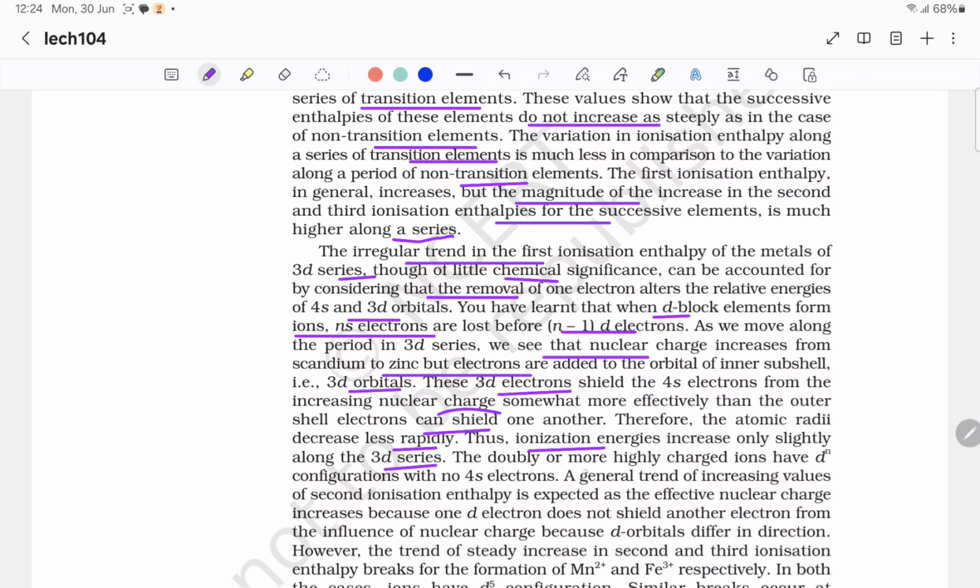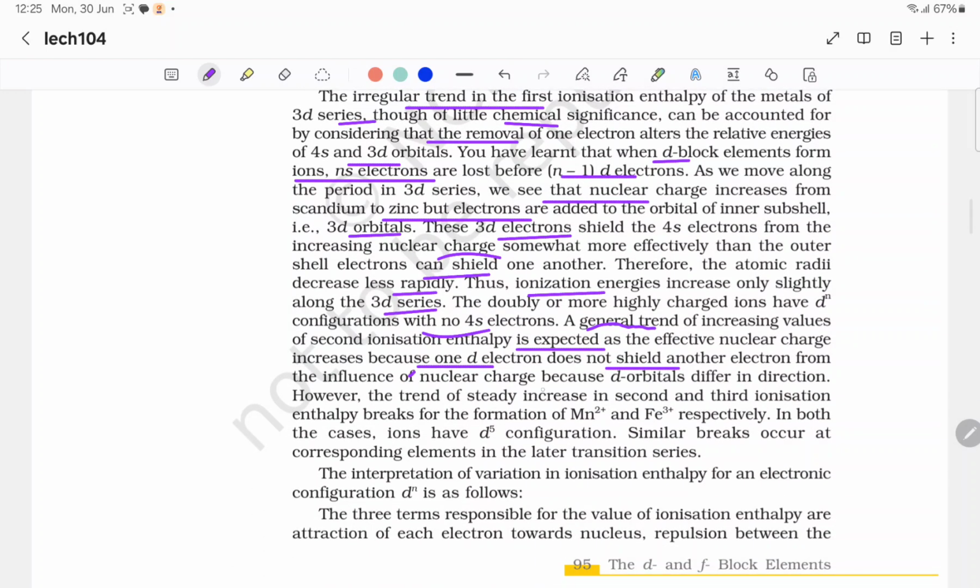The M+ or more highly charged ions have d^n configuration with no 4s electrons. A general trend of increasing values of second ionization enthalpy is expected as the effective nuclear charge increases because one d electron does not shield another d electron from the influence of nuclear charge because d orbitals differ in direction.